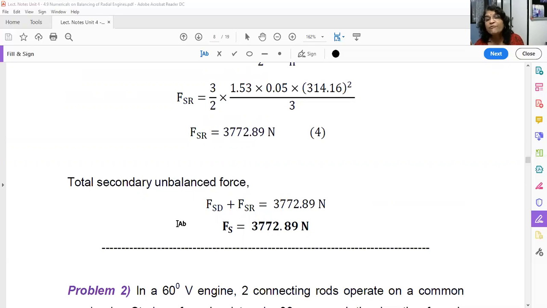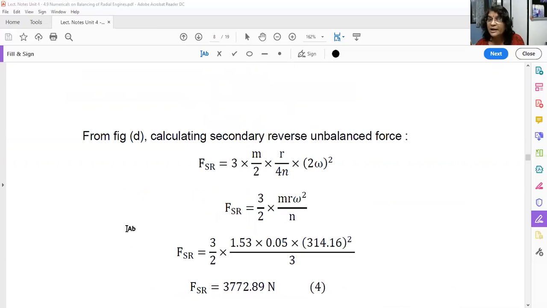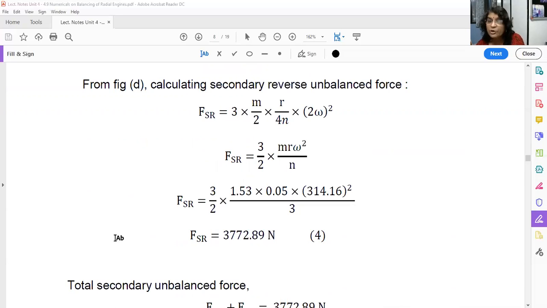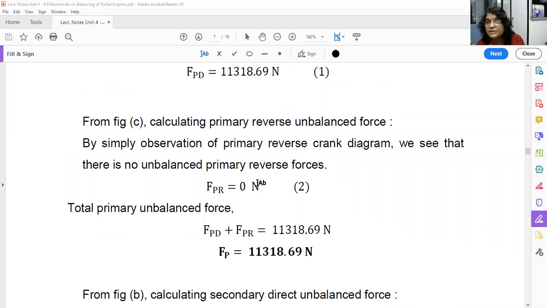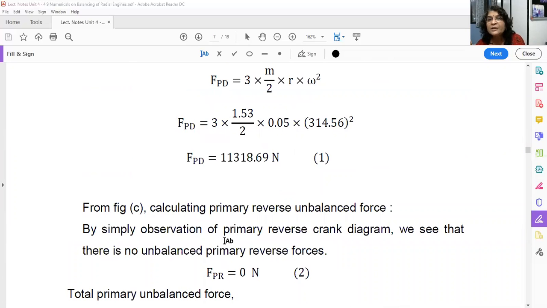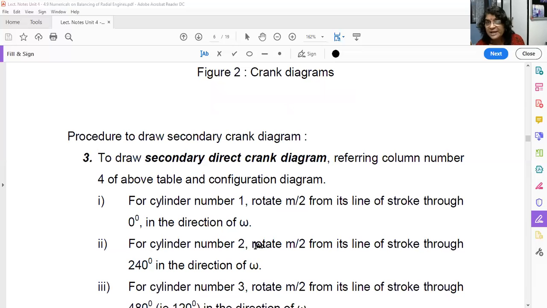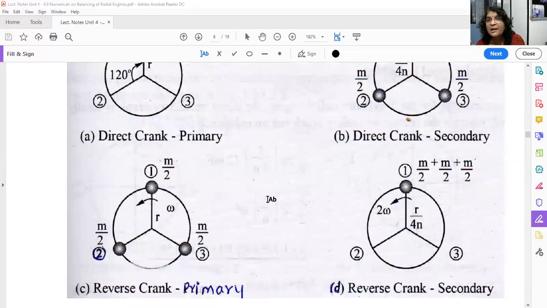But for this multi-cylinder radial engine, you don't have to draw any couple polygon or force polygon, because you can find the unbalanced forces by simply using these 4 crank diagrams, and using that table.